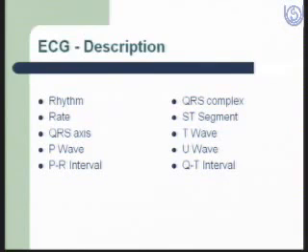So ECG is very important in all aspects of medicine, and everybody will be confronted with it sometime or the other. So when we describe an ECG, we have to go systematically. We see what is the rhythm, what is the rate, what is the QRS axis, then we go to the individual waves: the P wave, PR interval, QRS complex, ST segment, T wave, U wave, and the QT interval.